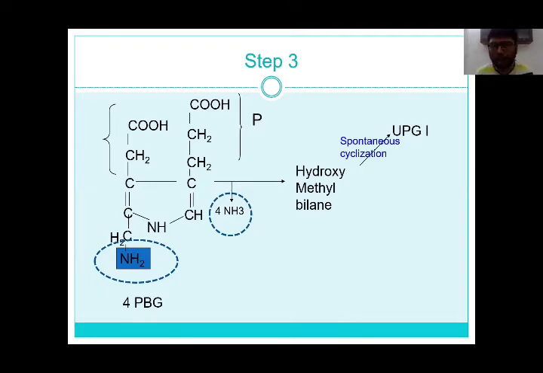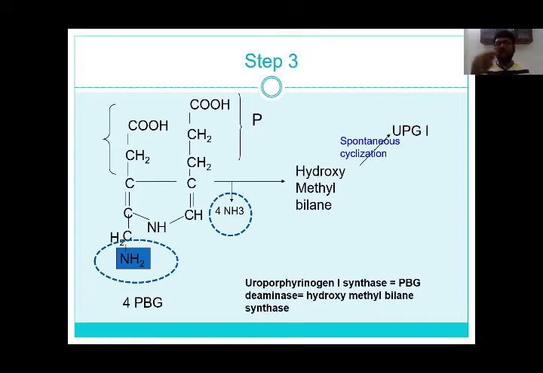Next, what are the things formed in this reaction? We are getting hydroxymethylbilane and UPG1. So this enzyme is also called hydroxymethylbilane synthase or uroporphyrinogen 1 synthase. These are the 3 different names of the same enzyme. You can use any one, preferably uroporphyrinogen 1 synthase is the most commonly used name.